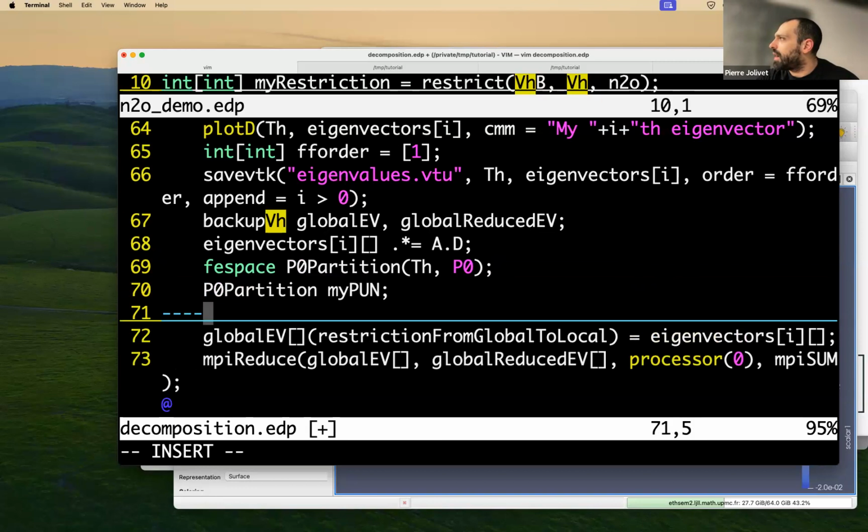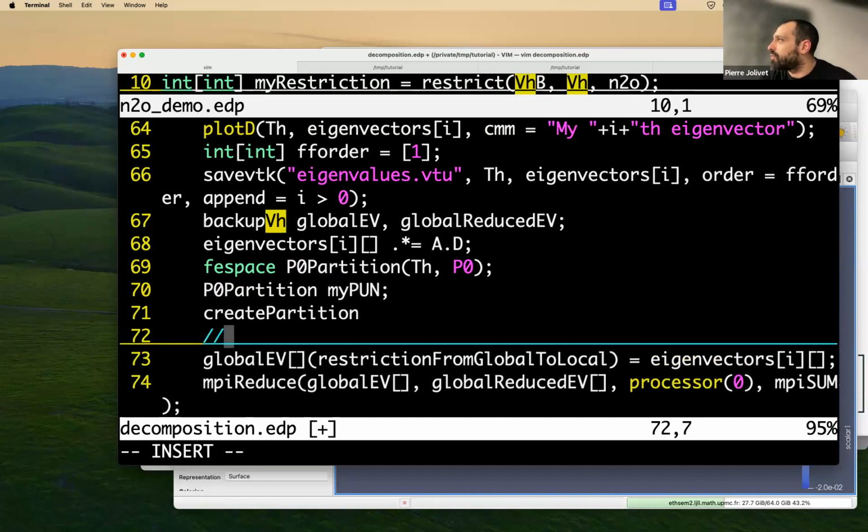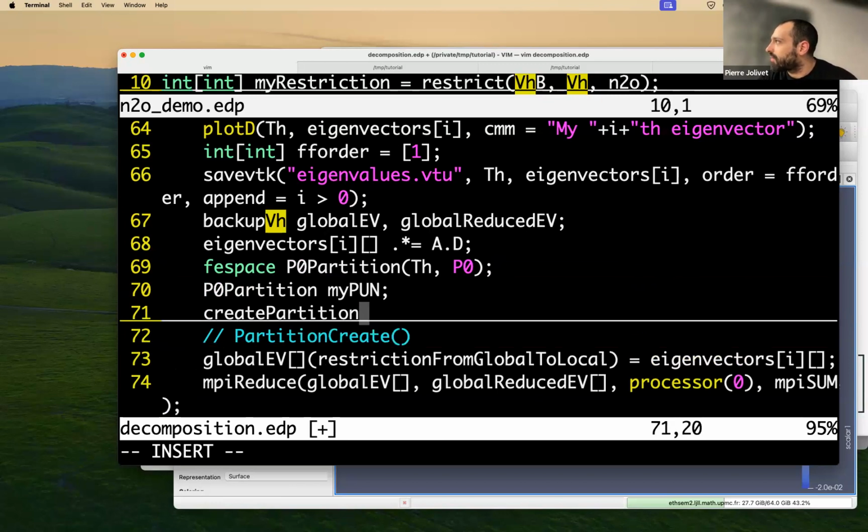I talked a little bit about this yesterday, but you can have the macro DDM create one for you using create partition. With the newer version, it's partition create, but no big deal. What it takes is first the th, then the function, and then the order of the partition of unity.